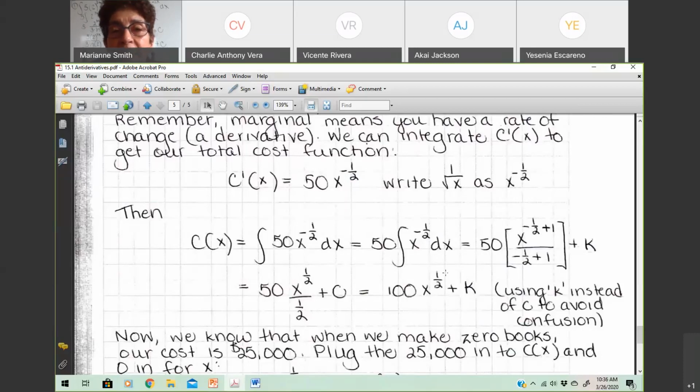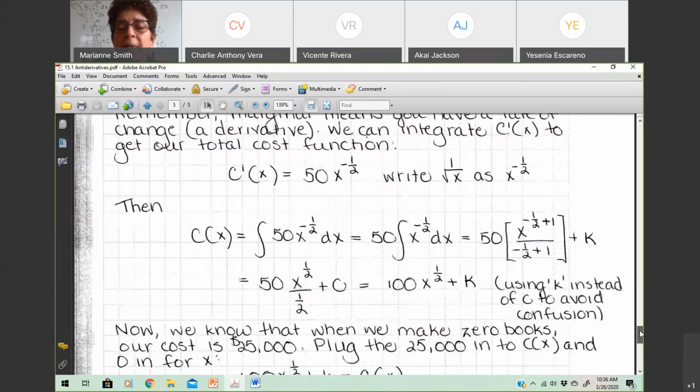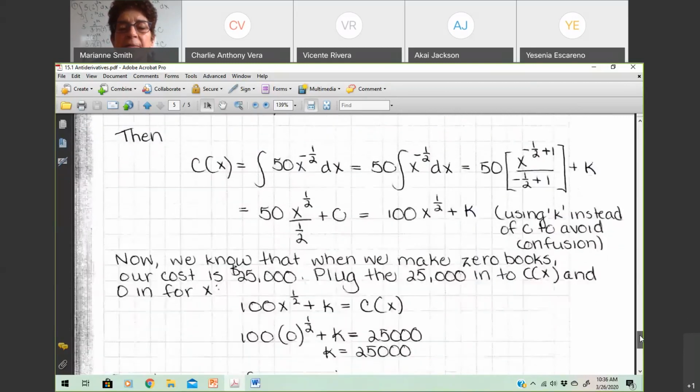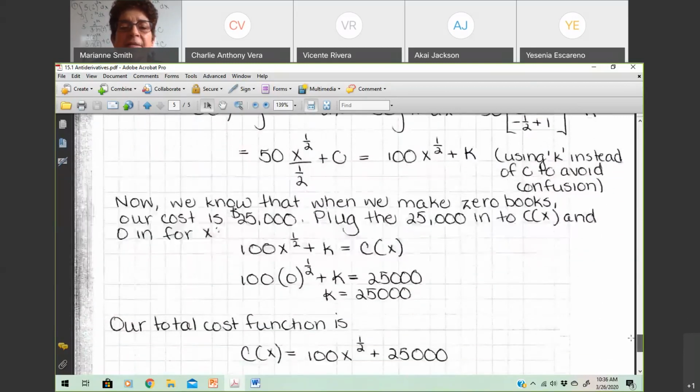Now they wanted a total cost function. So I can't leave k, I can't leave this ambiguous constant in there. I have to use the information they gave me to help figure out what k is. Okay, so I'm going to use that information about the fixed cost to figure out what k is. We know when we make 0 books, our cost is $25,000.